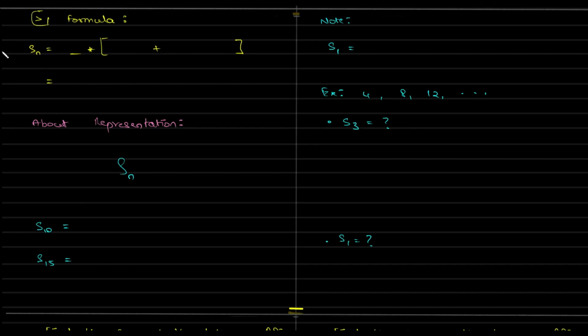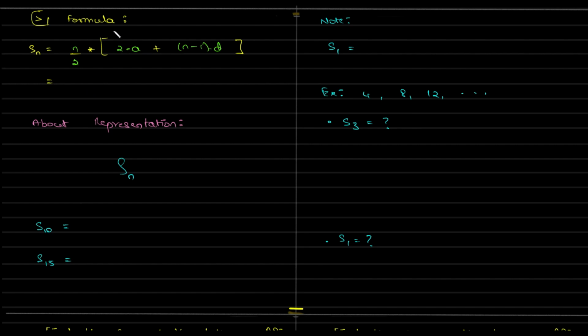The formula is like this. We have Sn is equal to n by 2 into 2a plus n minus 1 into d, where n, a, and d stand for the same things we have learned till now. This is not the only formula. There's one more formula.